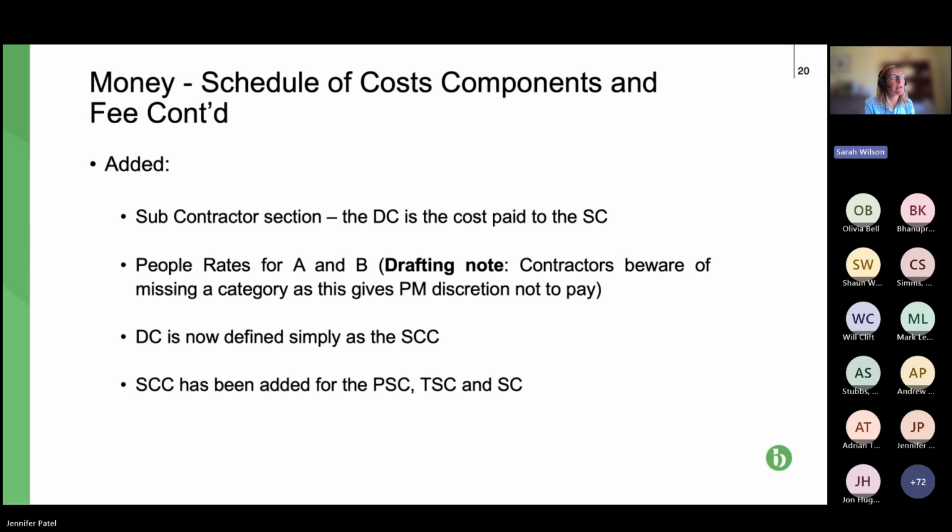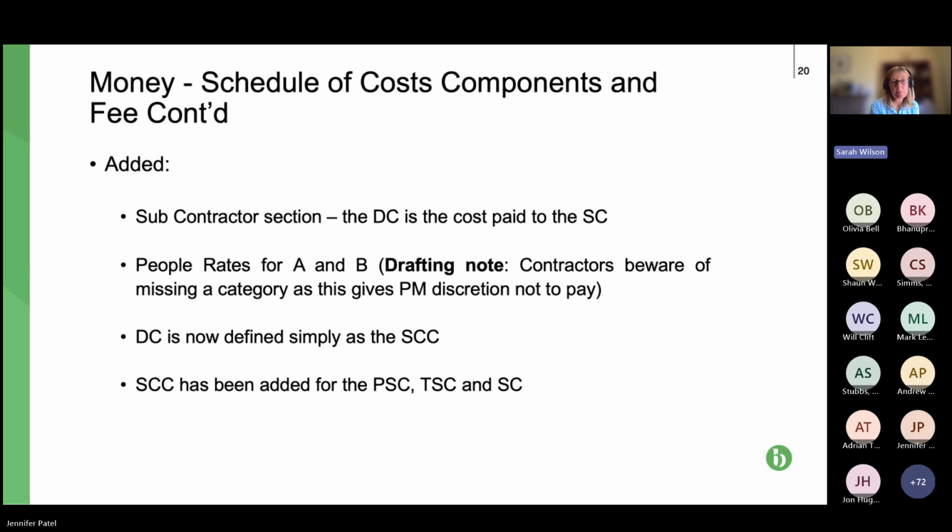Bear in mind, though, my caveat to that is that where you have a time of high inflation, as we have seen recently, rates don't necessarily work commercially for a contractor or subcontractor, particularly on a contract of long duration, because you might have a rate for a particular person at the start of a project, but several years later, that may not be a particularly good rate because inflation will have eroded it.